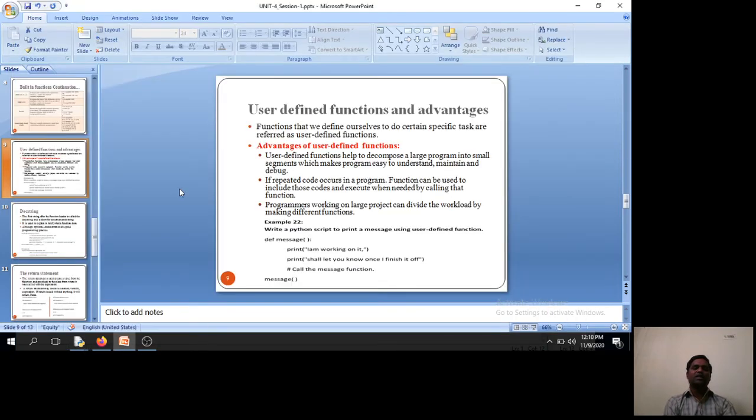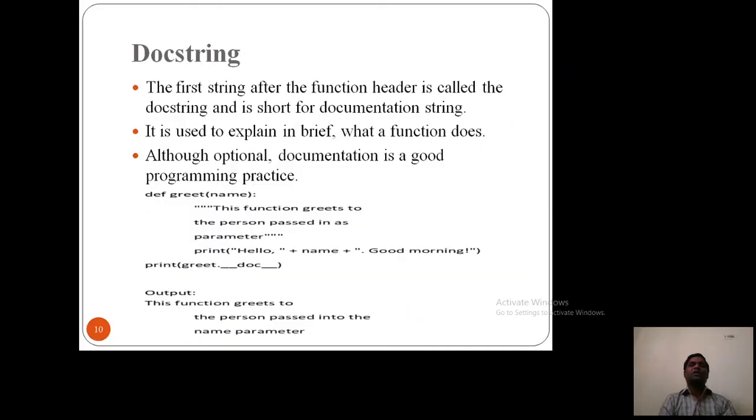Now we'll go to the next slide, which is all about docstring. So what is a docstring? The first string after the function header, once you declare the function, is called the docstring.